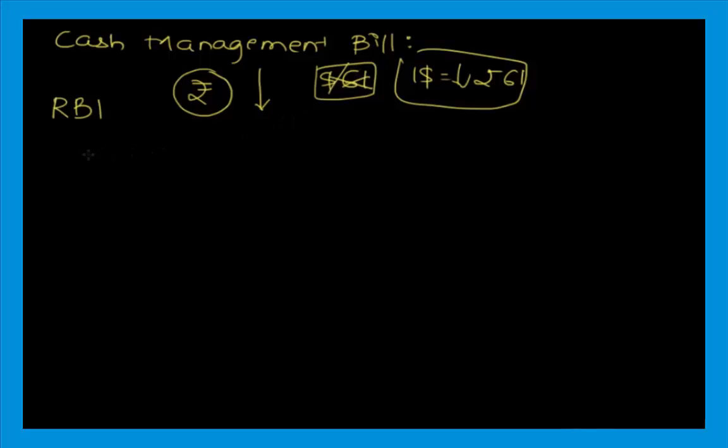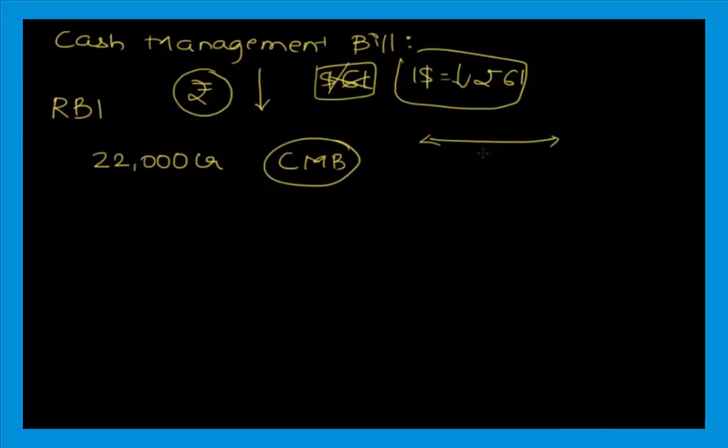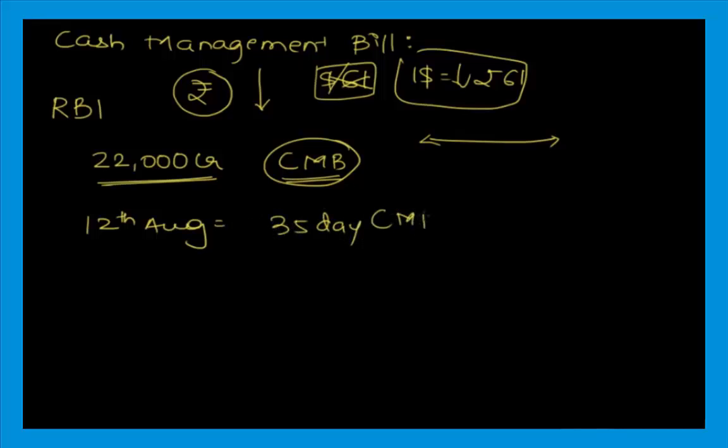So what is RBI going to do? RBI from this week onwards is going to issue 22,000 crore worth of cash management bills every week. How far they are going to issue, they have not discussed so far. On Monday, the 12th of August, RBI is going to issue a 35-day maturity cash management bill for 11,000 crore.